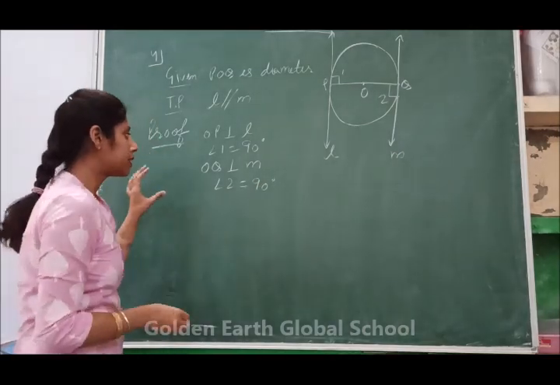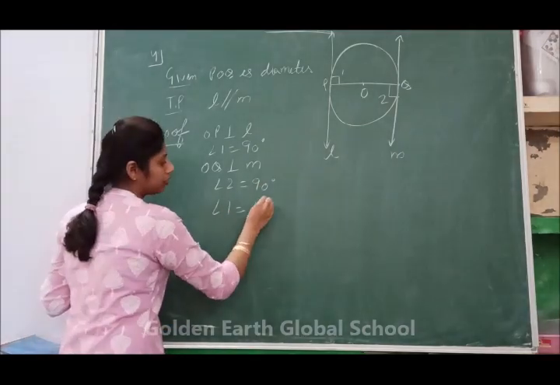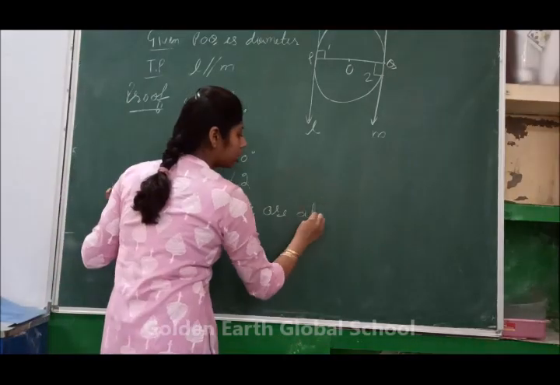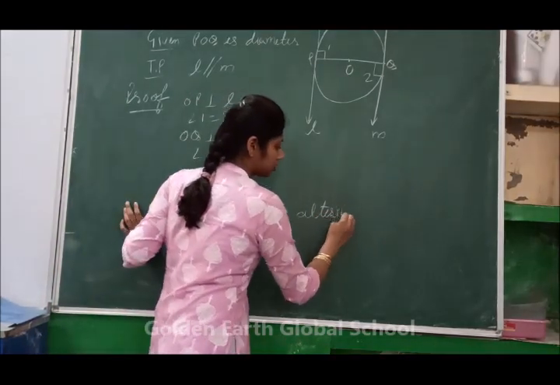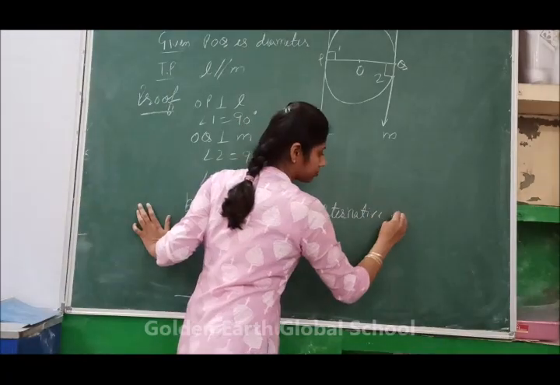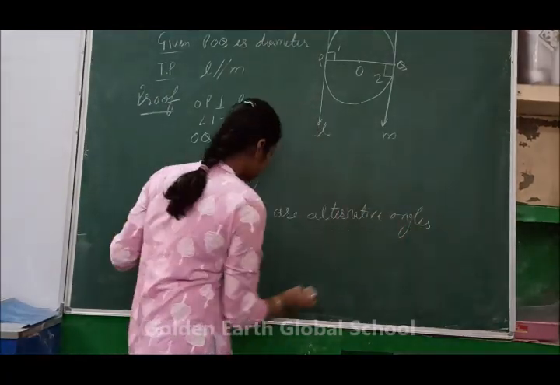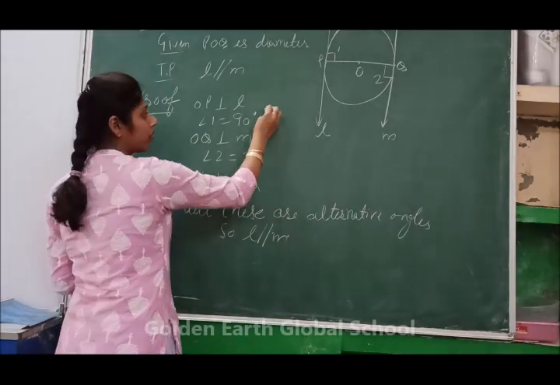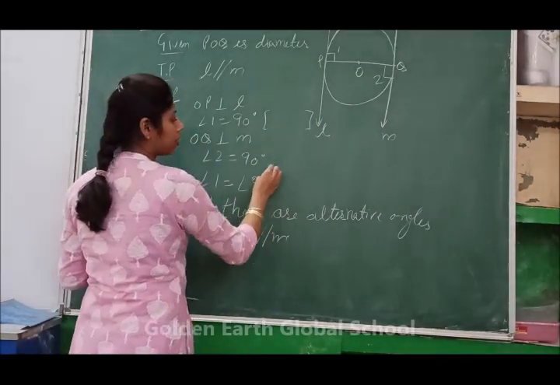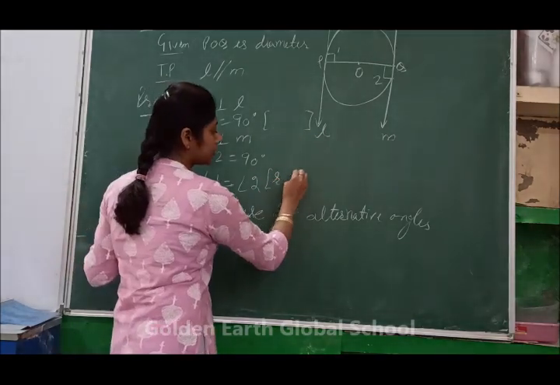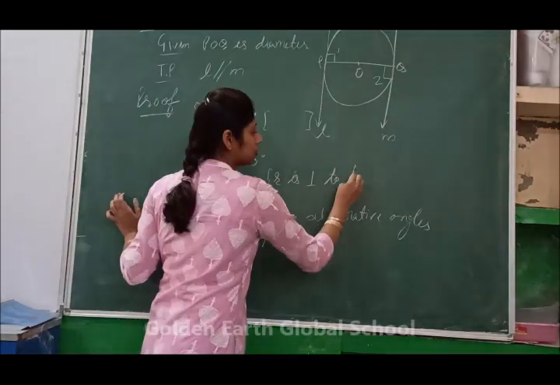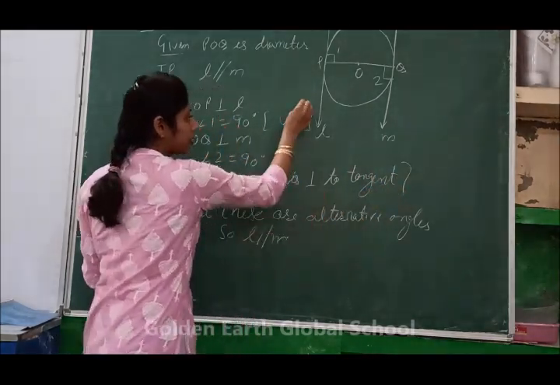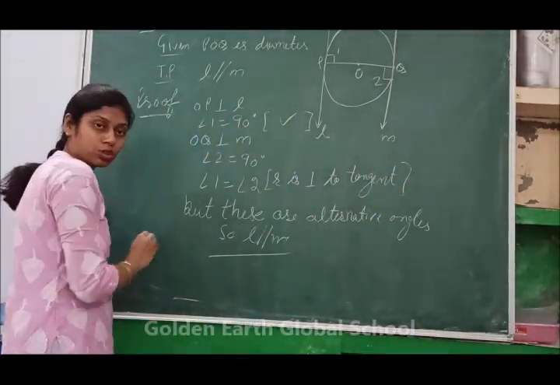Now both the angles are equal and these are alternate angles, so the lines are parallel. Here you have to write the statement of the theorem, that is, radius is perpendicular to tangent. Same reason you will write here. This is your fourth question.